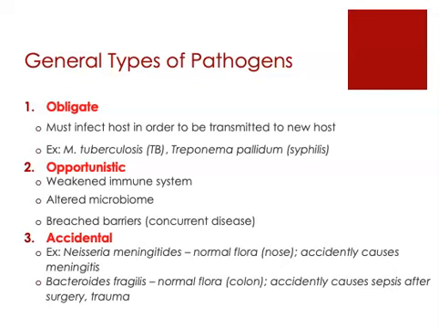But there are times when the organism gets way to the back of the nose, and for one reason or another, the meninges are inflamed in the host, and that organism gets through the meningeal barrier and causes meningitis. So it's an accidental meningitis.